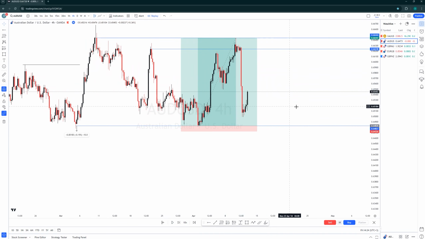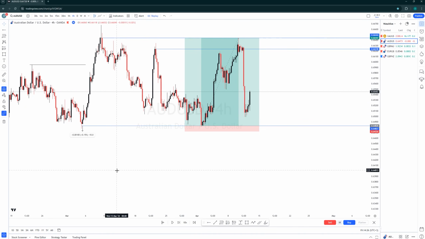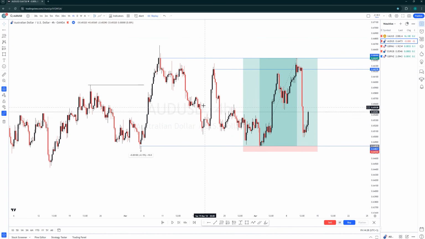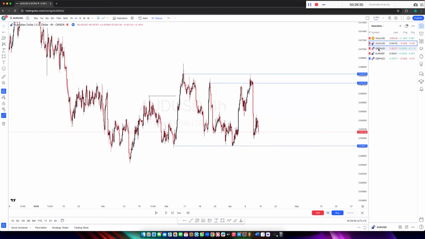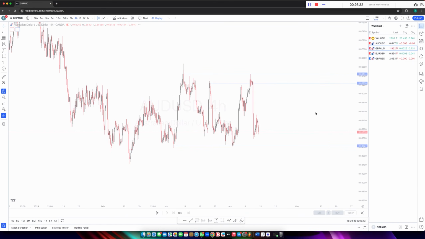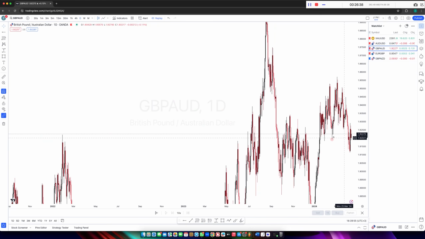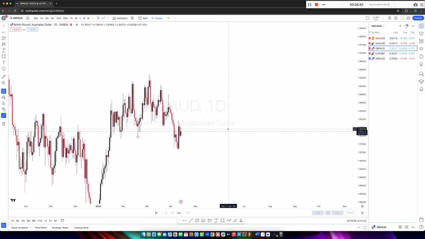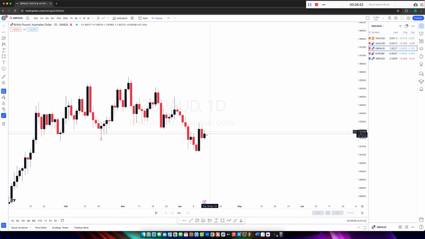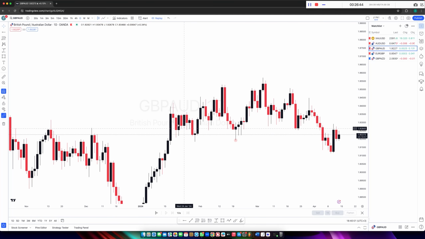So this is how we use the time frame coordination to take these entries. But also we have a GBPAUD entry. Also we took this entry from the daily, and this entry was like this.